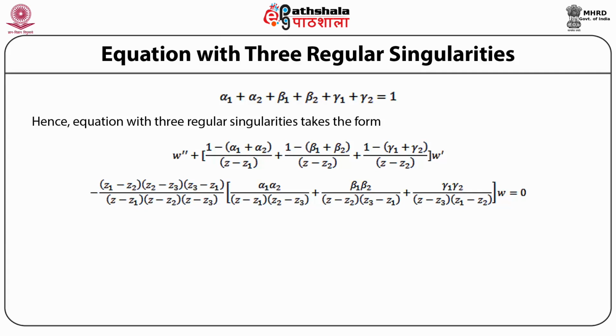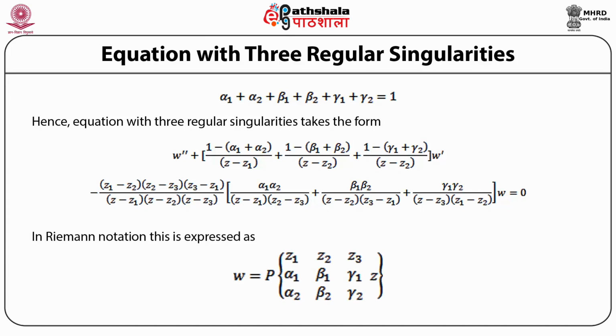minus w times (z1 - z2)(z2 - z3)(z3 - z1) divided by (z - z1)(z - z2)(z - z3) multiplied by, within the brackets, alpha 1 alpha 2 divided by (z - z1)(z2 - z3) plus beta 1 beta 2 divided by (z - z2)(z3 - z1) plus gamma 1 gamma 2 divided by (z - z3)(z1 - z2), brackets close, is equal to 0.